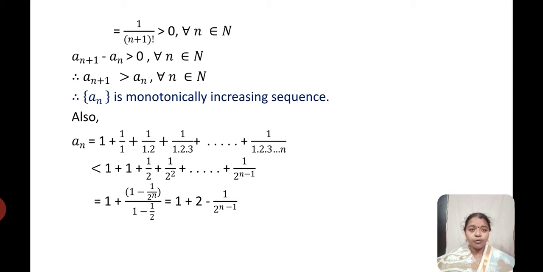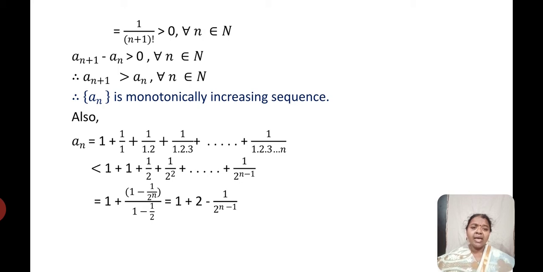So we have proved an plus 1 minus an is greater than 0, or an plus 1 is greater than an for all n belongs to n. Therefore, an is a strictly monotonically increasing sequence.